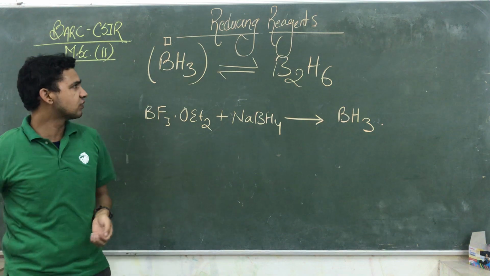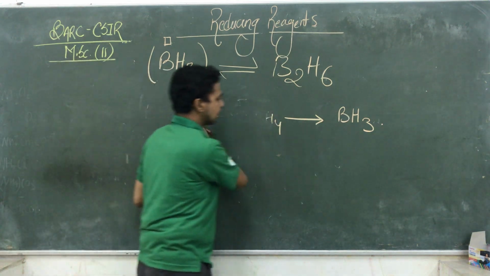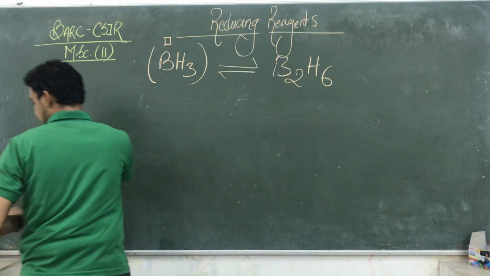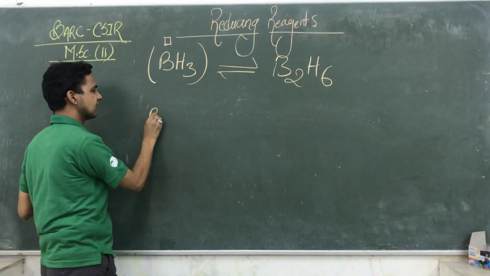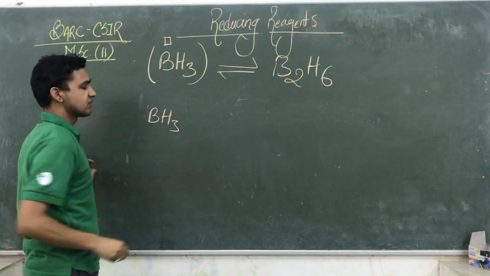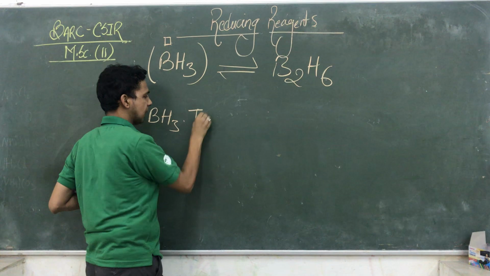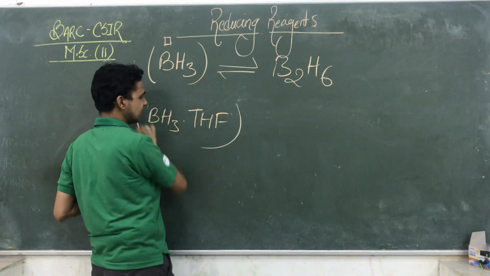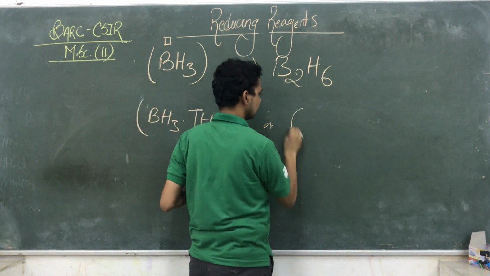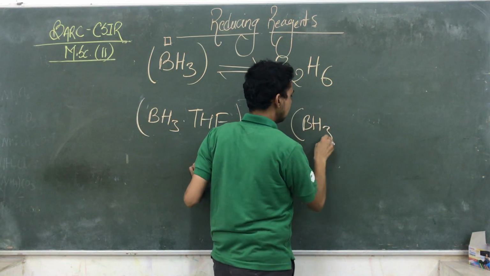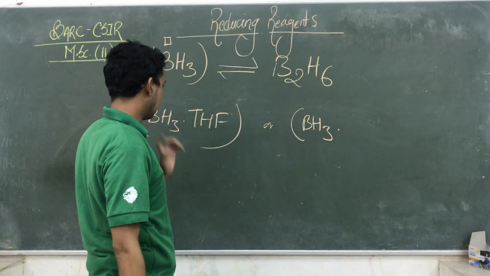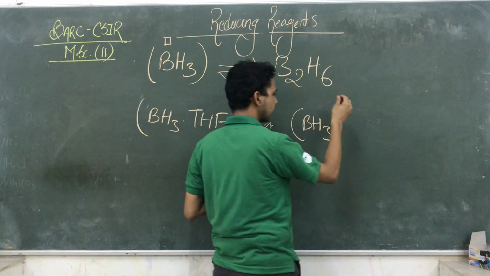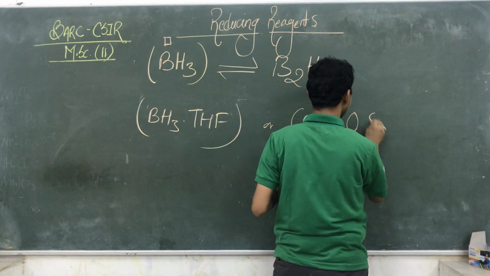Now the properties of this reducing agent BH3. BH3 is always sold in the form of a complex, BH3.THF, or BH3 is also available in other organic solvents.